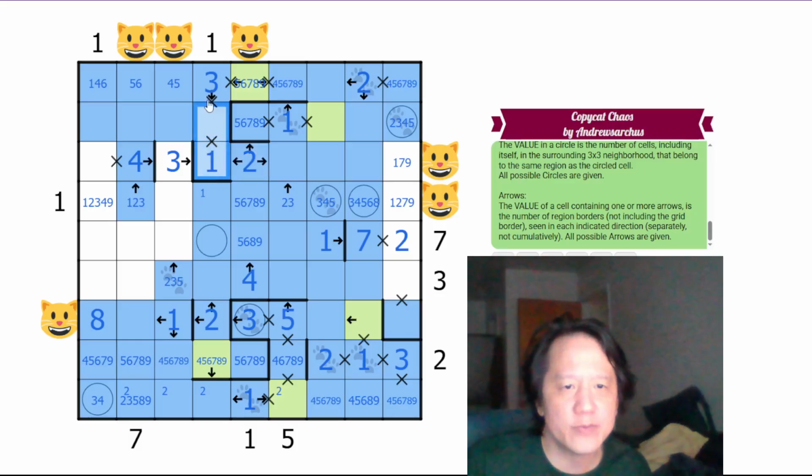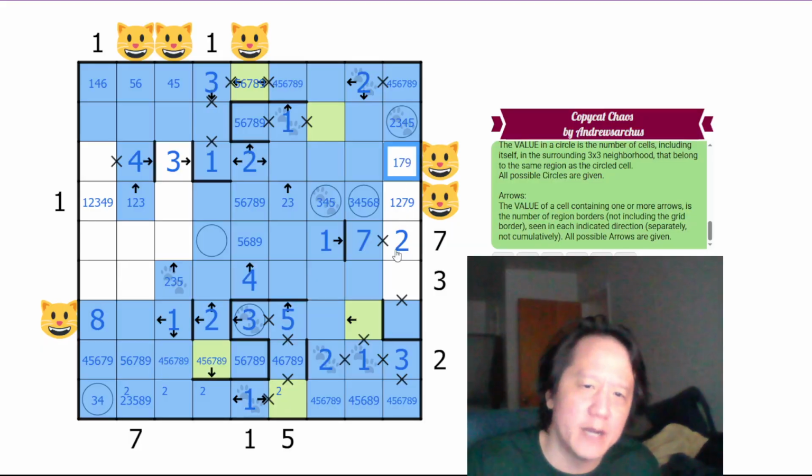3 is there. There's a boundary here. So we have one more boundary in one of these edges. So no 1 here. This could still be 1 as the copycat. What can this copycat?